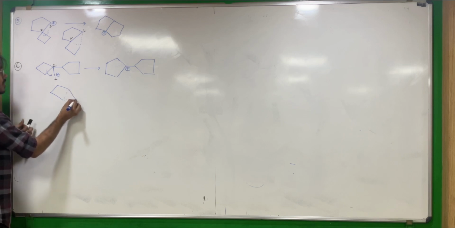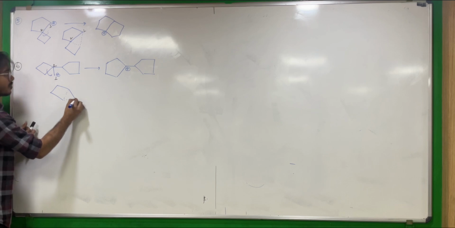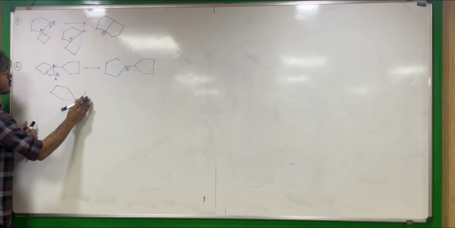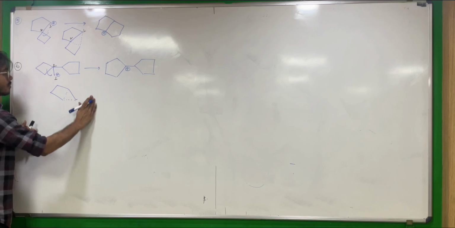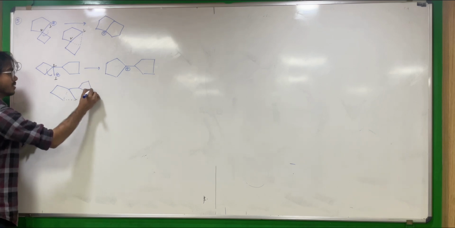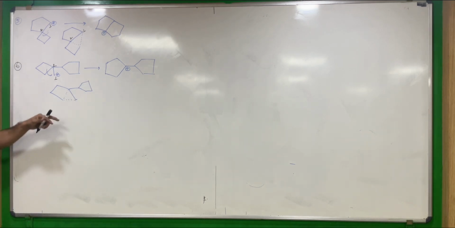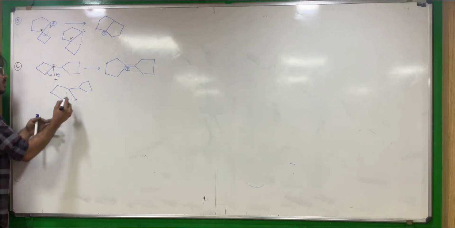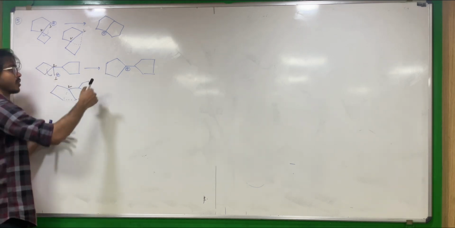This bond will shift here and a 5-membered ring will be formed. This will be the transition state. And the positive charge will be present on the second carbon. This is the first carbon, this is the second carbon. So this is the product we will get.